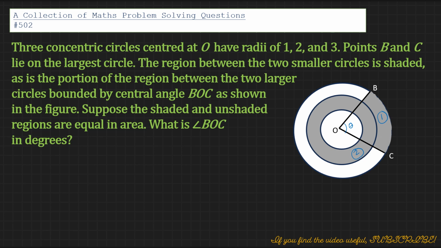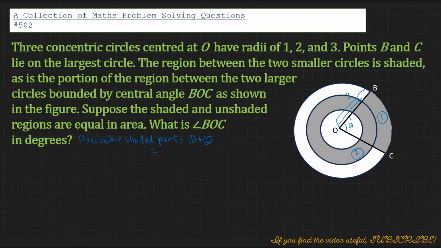So area of the shaded part equals 1 plus 2, and that would equal, now 1 would equal, we know the radius, so OB, this entire radius is 3, and we know that the next bit is 2, and this is 1, so 3, 2, 1.